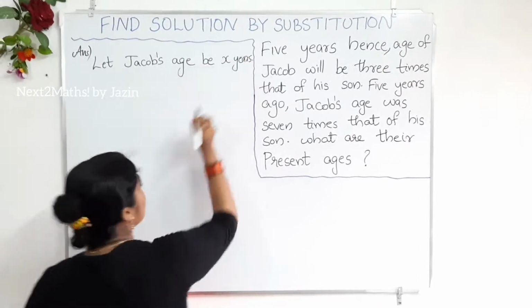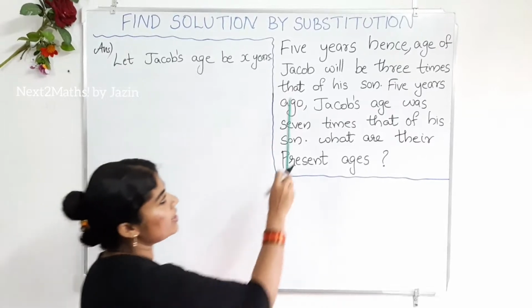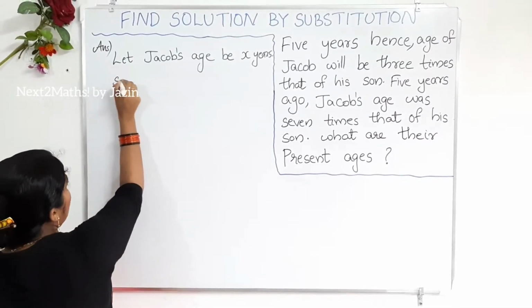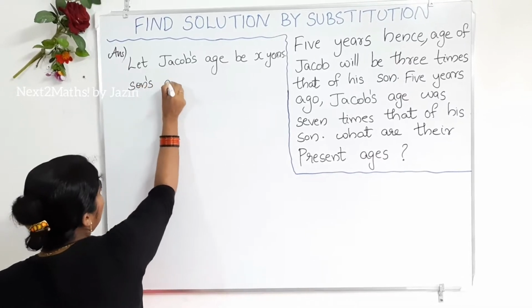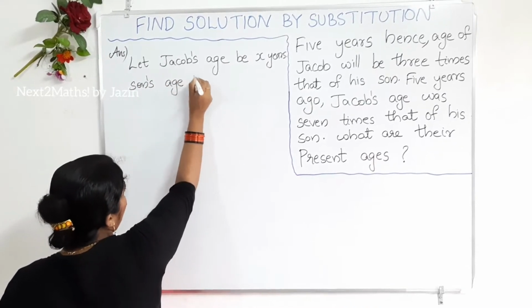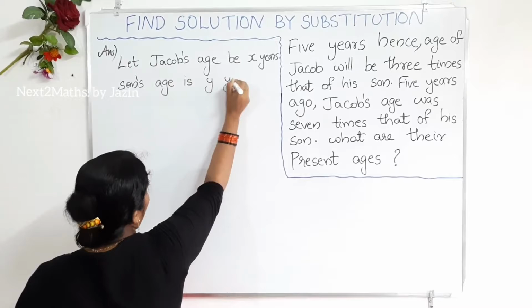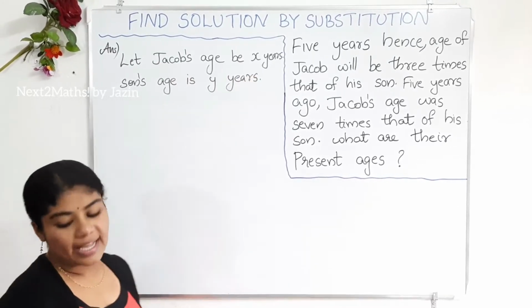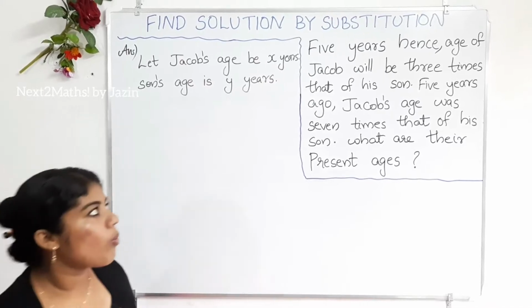Then what is the son's age? Jacob is there and his son is also mentioned in the question. So the son's age is y years. So Jacob's age is x years and the son's age is y years.